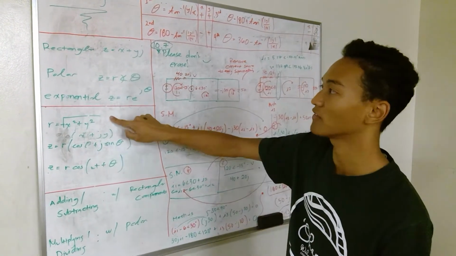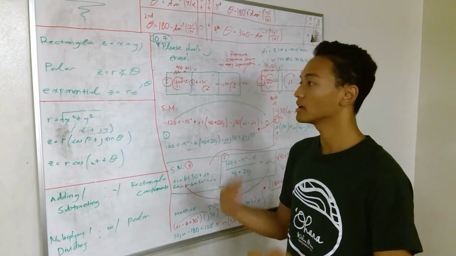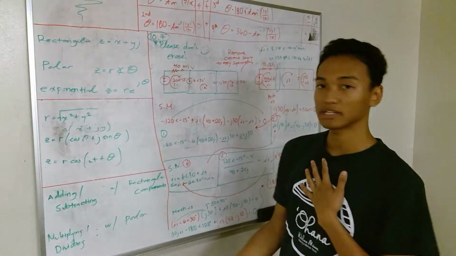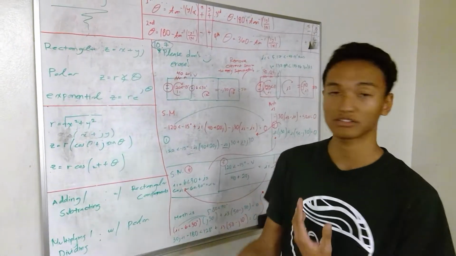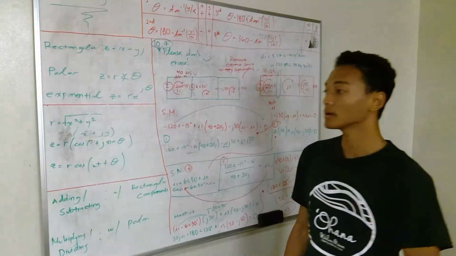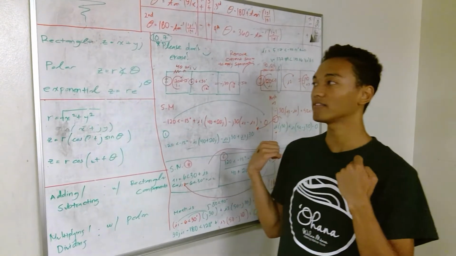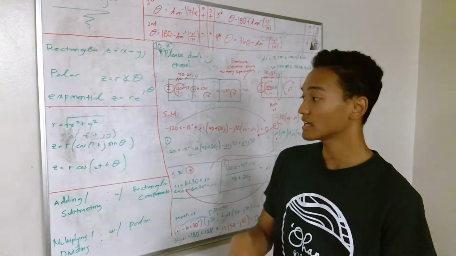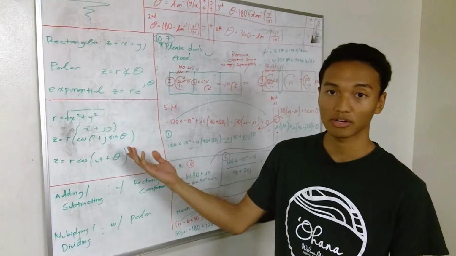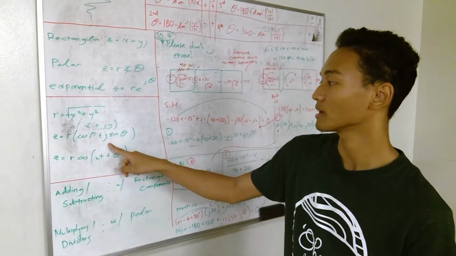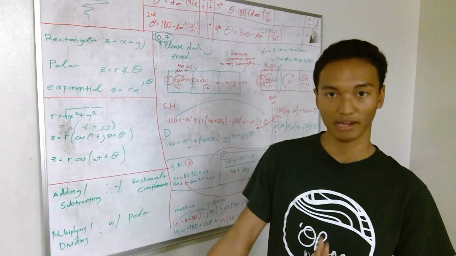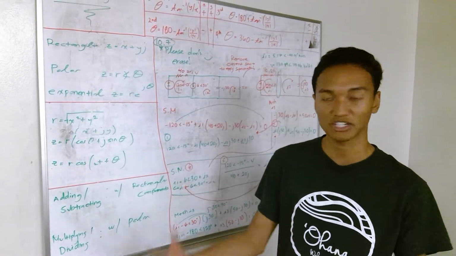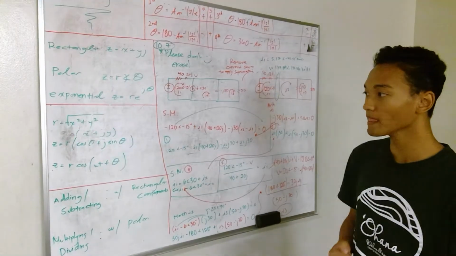If I want to convert from rectangular to polar, I take the square root of the sum of the squares of those components, and I find the magnitude r. If I have it in polar and want to convert back to rectangular, I take r cosine theta, plus r j sine theta, which is my imaginary component.